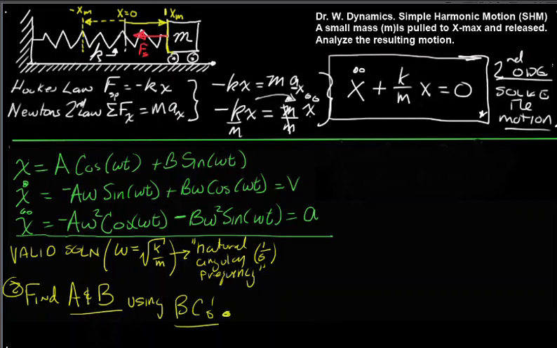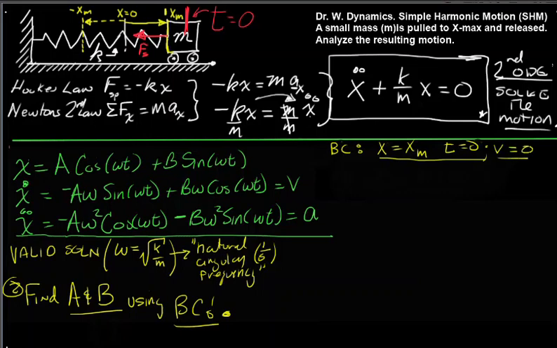So the boundary conditions in this case would be at x equal to x max, t was 0. We'll start the clock running here. Therefore, v would also be 0.